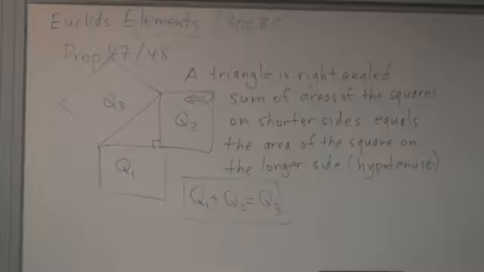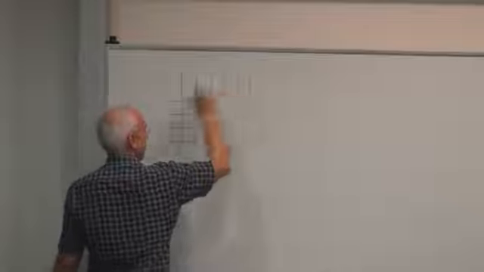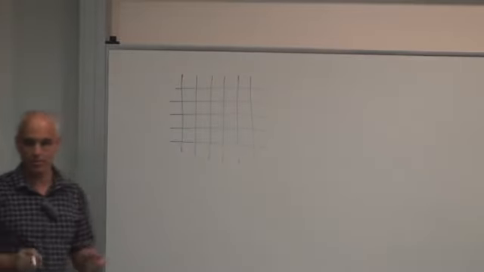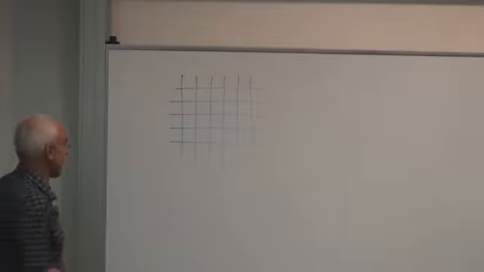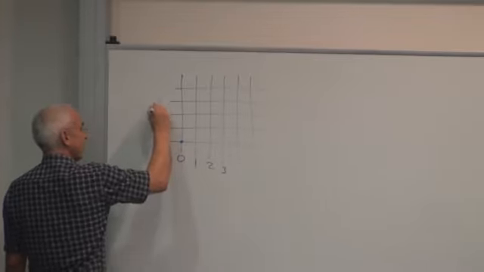So suppose we're working in a more modern framework. The Greeks did not think this way, but let's work in a grid plane. Okay, a piece of graph paper. So we're really introducing coordinates here. We can think of maybe a coordinate system, 0, 1, 2, 3, 0, 1, 2, 3, and so on.